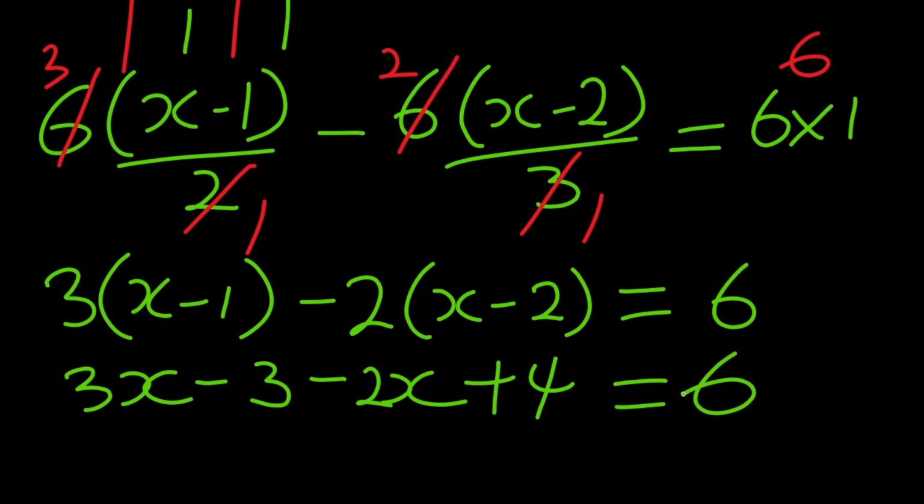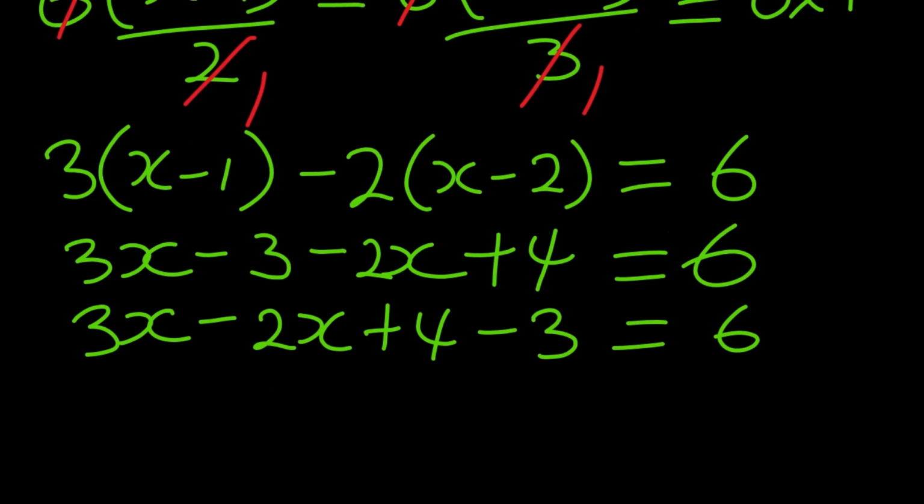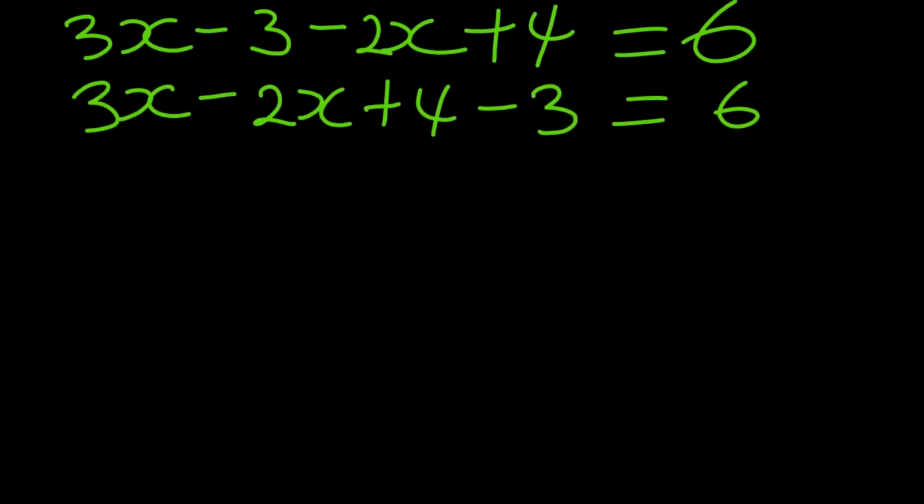Rearranging the equation, we have 3x minus 2x plus 4 minus 3 is equal to 6. 3x minus 2x will give us x, and 4 minus 3 will give us 1. So we have x plus 1 is equal to 6.